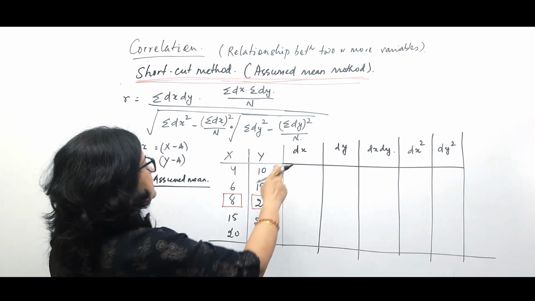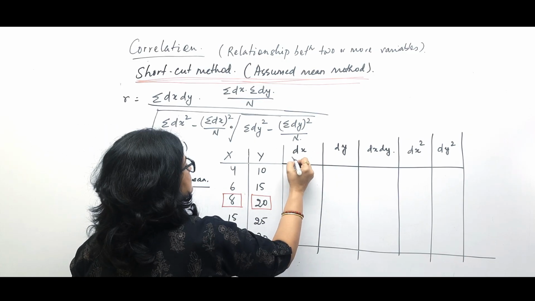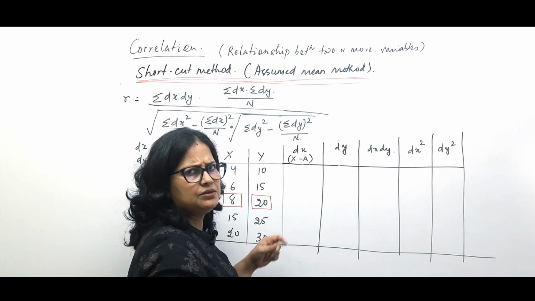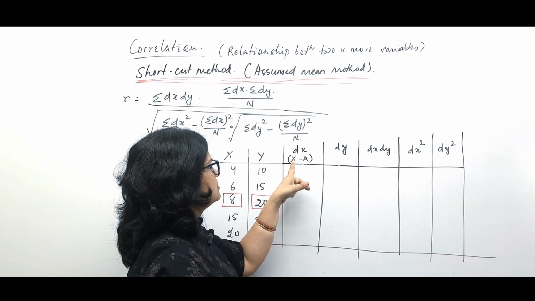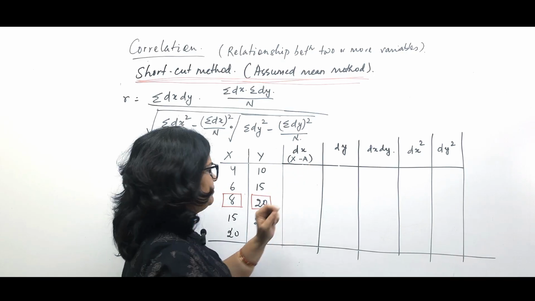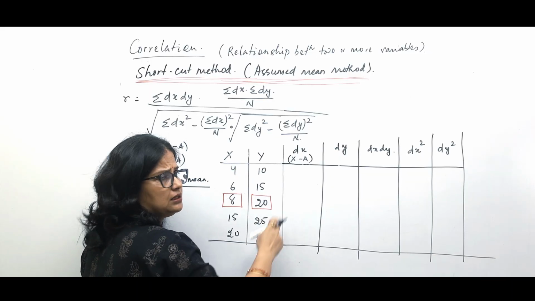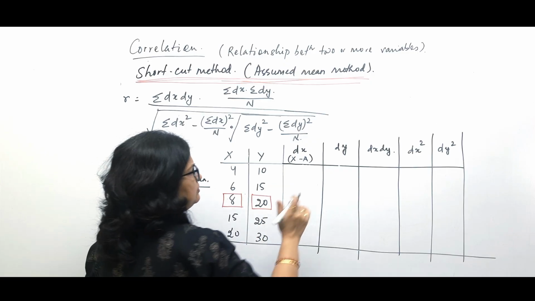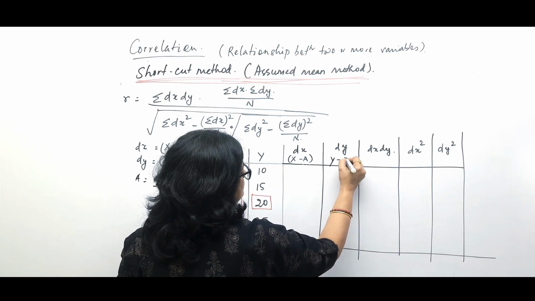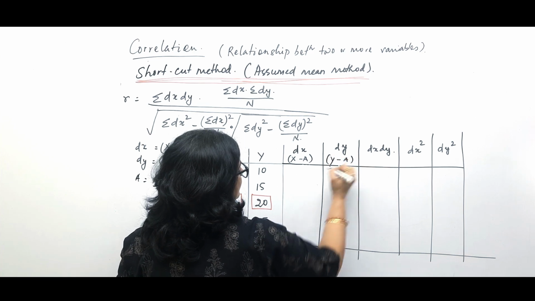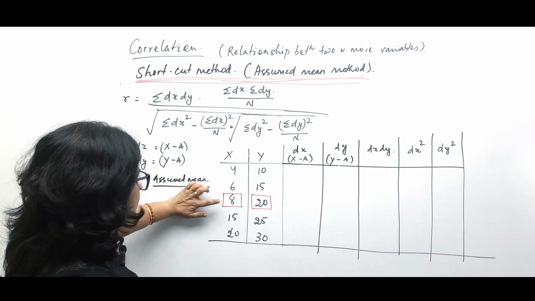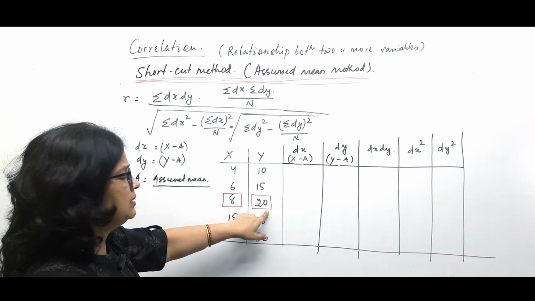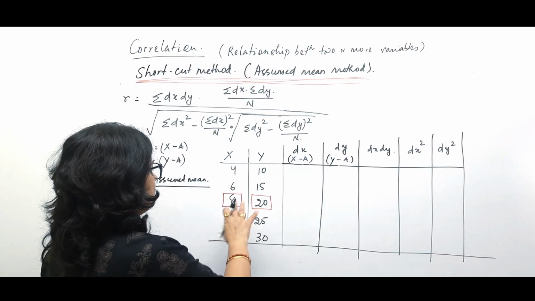First we need to calculate dx and dy. Dx we know is x minus A. In our direct method we take x minus x bar, where we have to calculate the mean first. Here we are assuming one mean and calculating y minus A. For x our assumed mean is 8, and for y we have taken 20, the middle value.